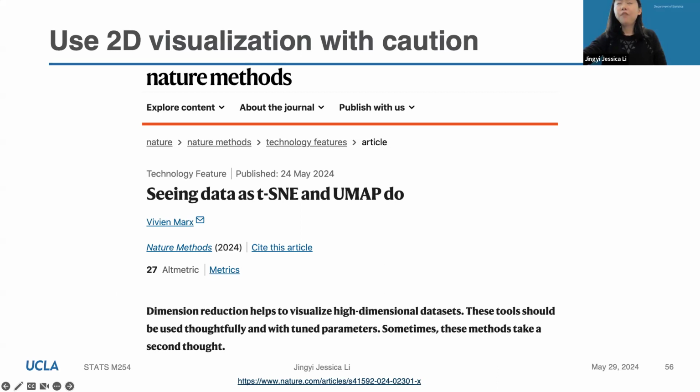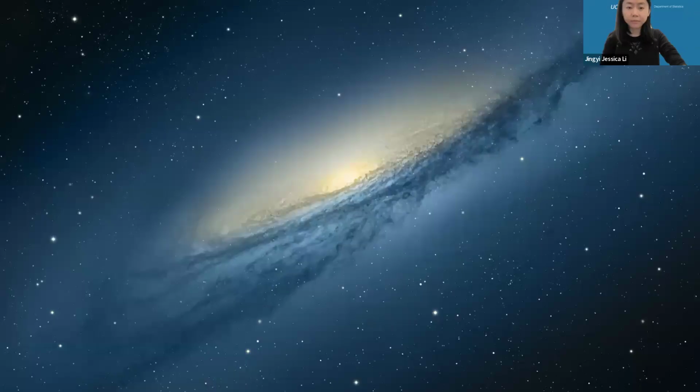The reason for this article is that there has been some recent online discussion about how t-SNE and UMAP might bias your findings. So I encourage you to read this article because it's not just our perspective; the journalist also interviewed several other people who work on the topic. So that's the dimension reduction part I wanted to finish as the end of our last lecture.